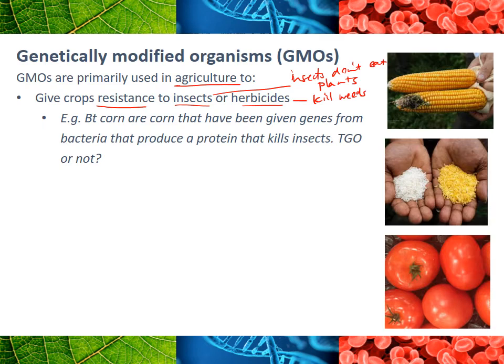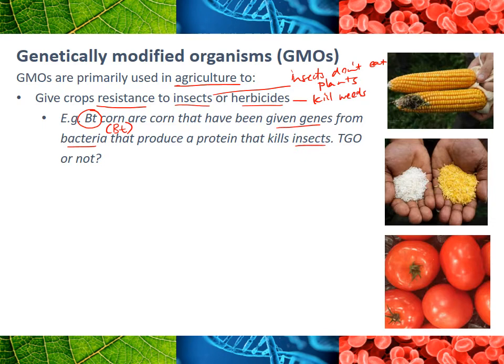An example of this comes up quite a lot, this term Bt corn, or there are other Bt crops. Bt crops are crops that have been given genes from a particular type of bacteria, which is actually the Bt bacteria, which produces a protein that kills insects. So it's an insecticide.